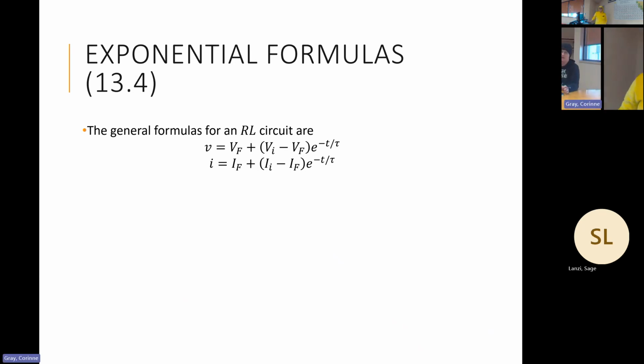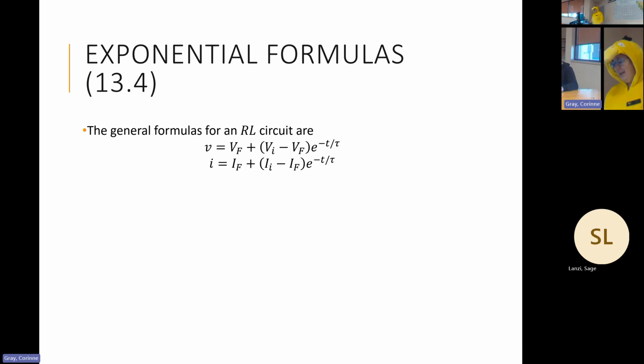Like the capacitor. Yeah, this looks like the capacitor one. That's one of the reasons why we want to keep seeing tau brought up for this type of circuit. If we're using the time constant, we can start with the same starting equation for the RL or the RC circuit.